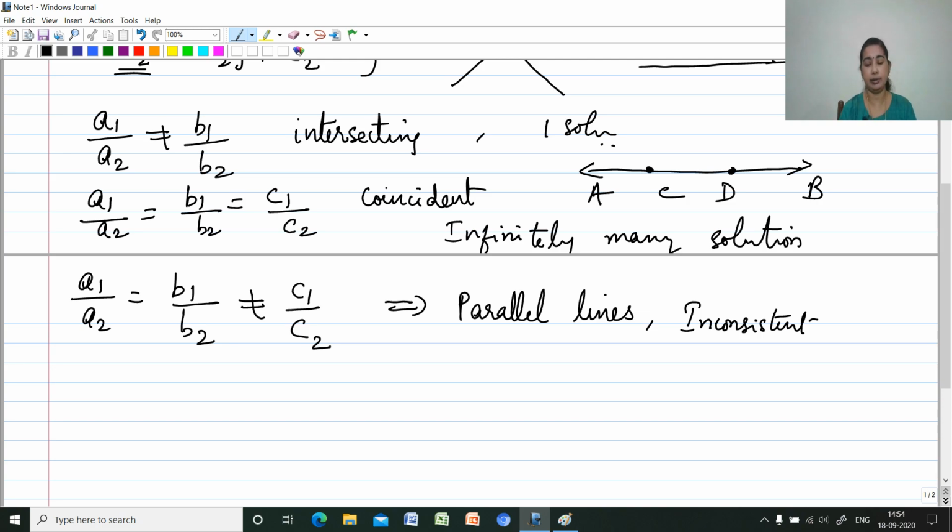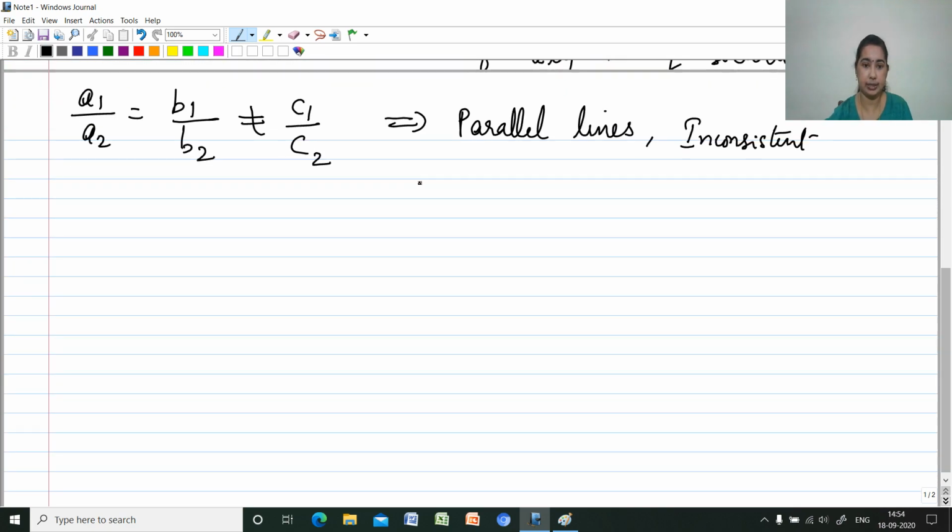So now we'll discuss exercise 3.2 and check whether the given equations are parallel lines, or intersect at a point, or are coincident. So exercise 3.2, the second question, is on comparing the ratios a1 by a2, b1 by b2 and c1 by c2.